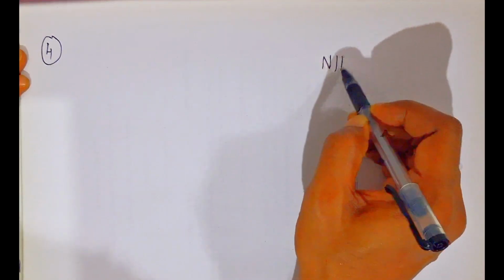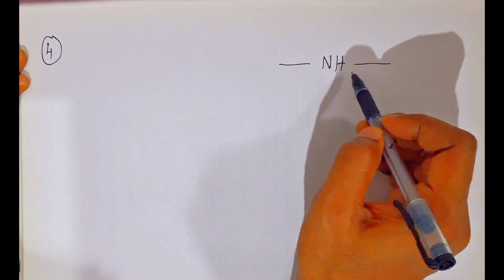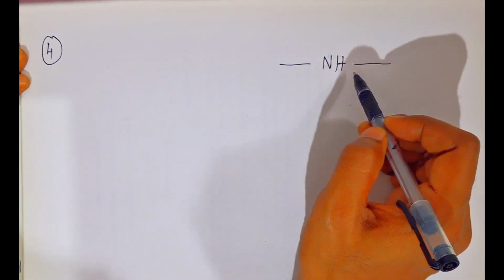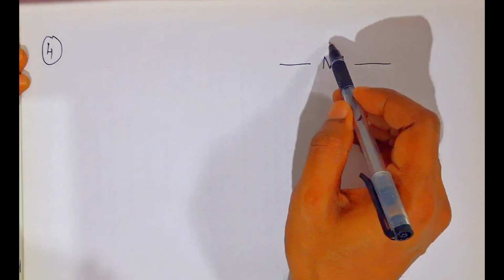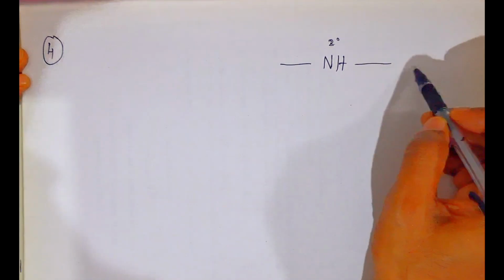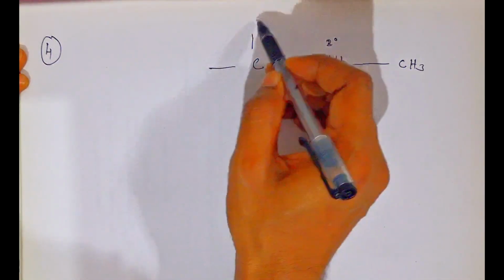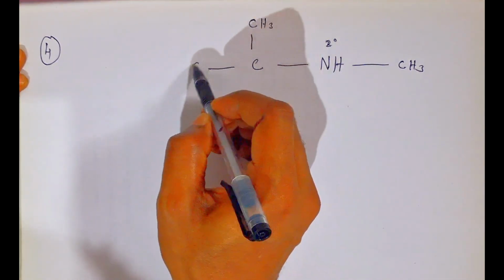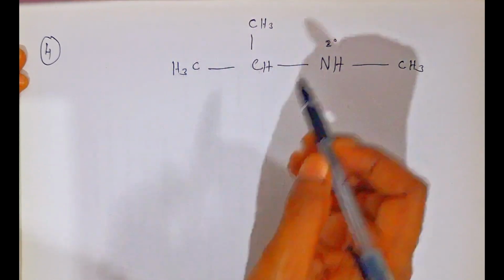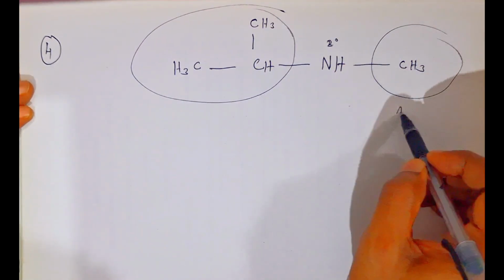Again students, we are talking about the secondary amines. That means this nitrogen has one hydrogen. Now out of these two valencies, okay students, this is a secondary amine. Now one valency is taken by methyl, and the other valency is now replaced by a hydrocarbon like this. Which type of alkyl is this, students? This is methyl, very simple.